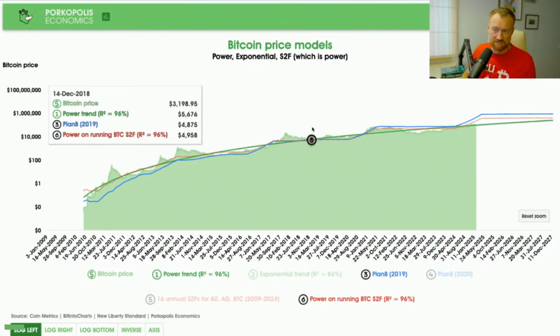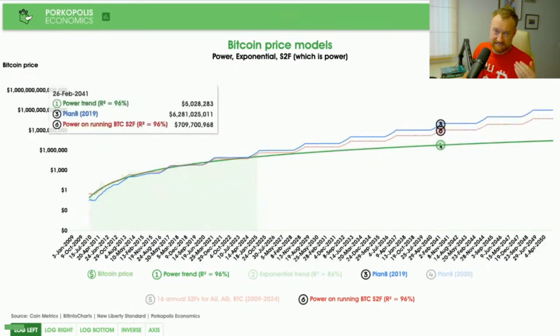So why would we trust the 2019 curve just because it's the first one that he did? And on top of that, you're throwing into the coefficients the one gold stock to flow and one silver stock to flow from 2019. I don't see the value of that.